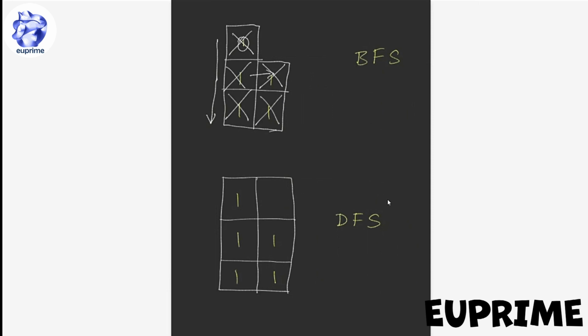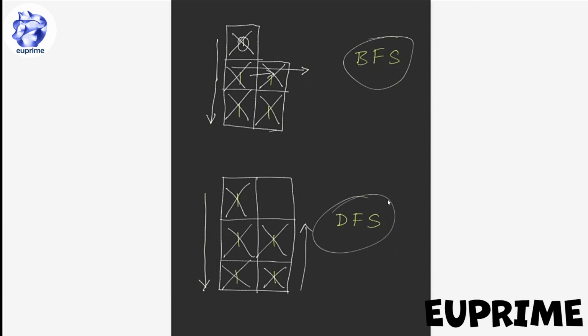So the direction is this way and this way. But if you do DFS, then you take the top left corner and you do DFS on top. It will go through these cells first, and then it will go through these cells in terms of counting. That's the difference between BFS and DFS. So we choose the DFS here.